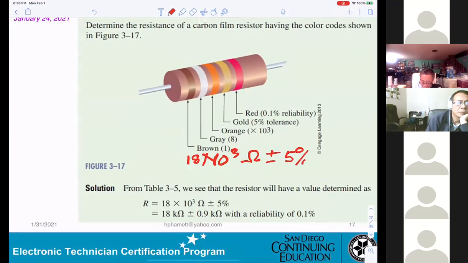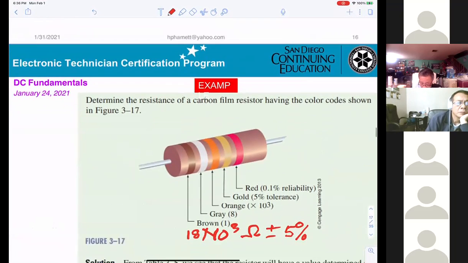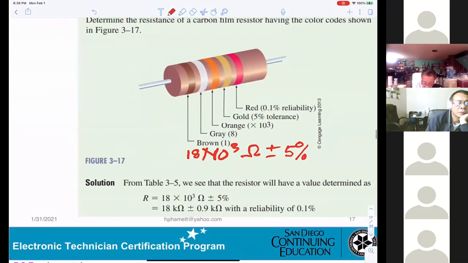I want to know what is 5%. Gold is 5%, and the red will be 0.1%. Right here, you can see that with a reliability of 0.1%.